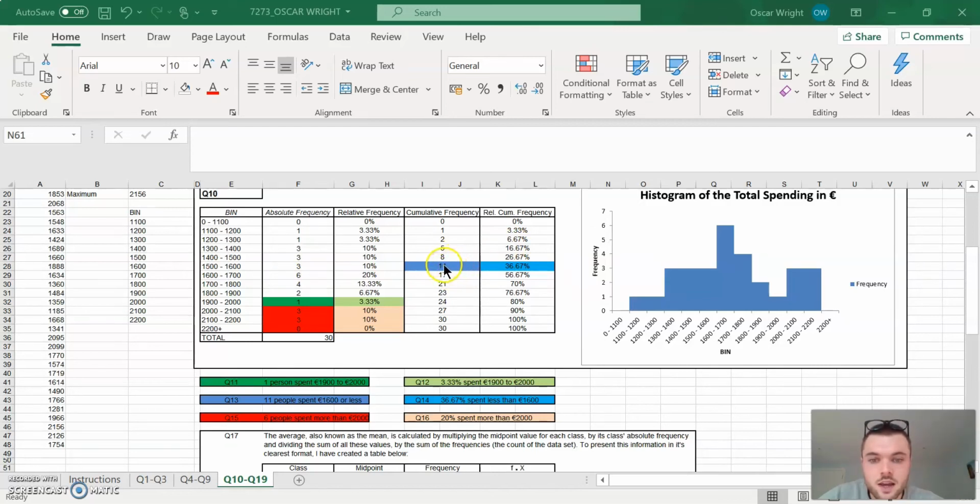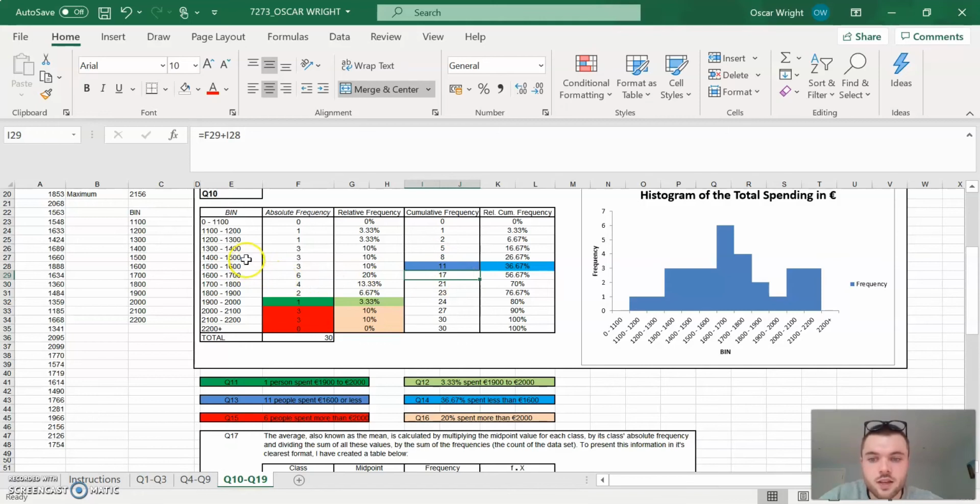We can see here that up to the 1500 to 1600 range, there's already 11 people included. They basically spent 1,600 or less. And now when we go up to the next class, 1,600 to 1,700, we can see that it's 17. So we know therefore that the 15.5th has to lie in between there.